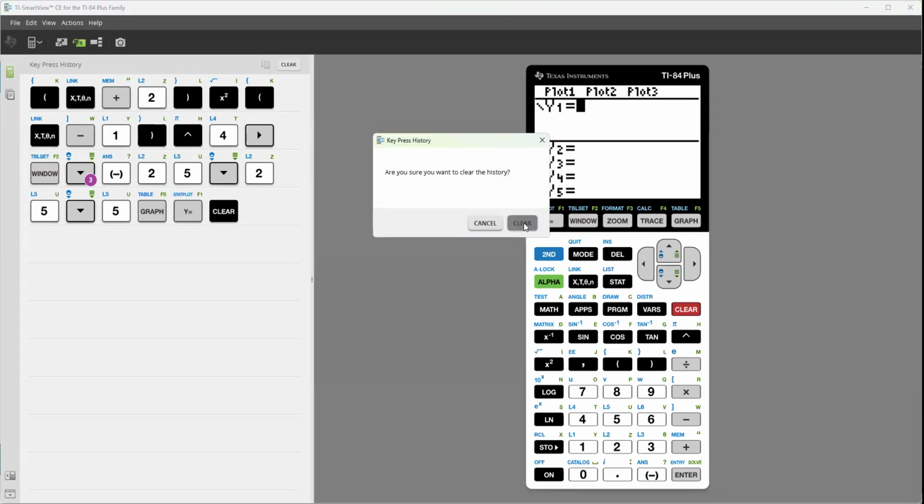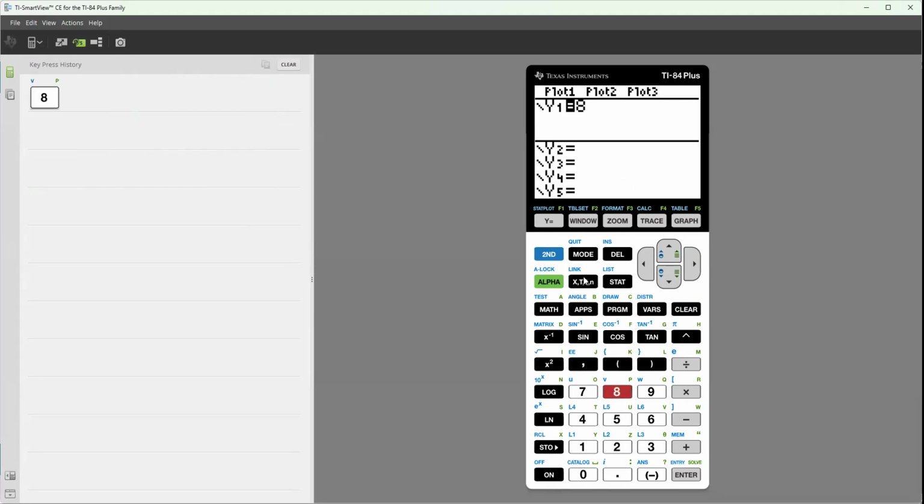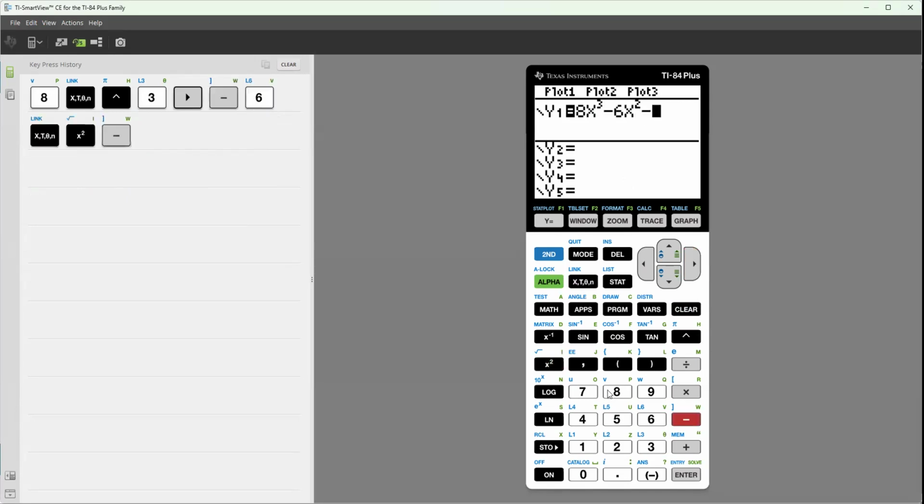So let's put it in. 8x cubed. All right, arrow down. Minus 6x squared, minus 72x plus 54.